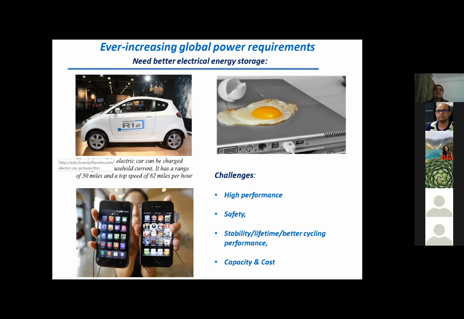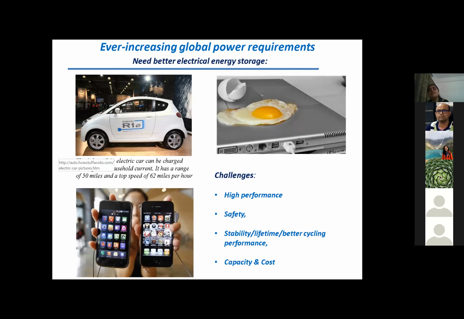But major challenges are there. Of course, we are working. We have electrical energy storage, or sometimes you can say electrochemical energy storage. So there are different kinds of energy storage. I will focus on the battery, which is called electrical energy storage, sometimes electrochemical energy storage. In that case, the major issue is that we don't have high performance.